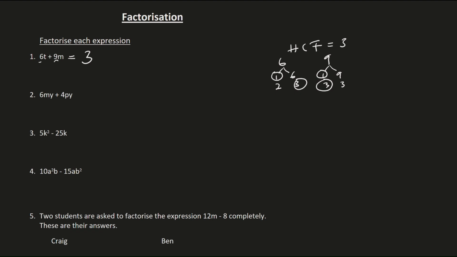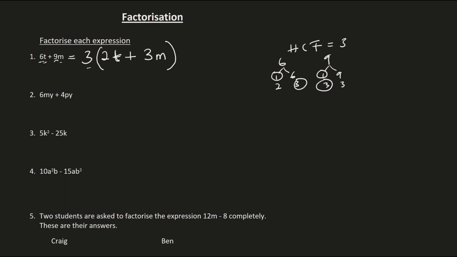Now, step 2, move on to the letters. I have t here and I have m here. Now, these two letters are not common. So we open bracket. Now, 6t divided by 3 gives me 2t plus 9m divided by 3 gives me 3m.